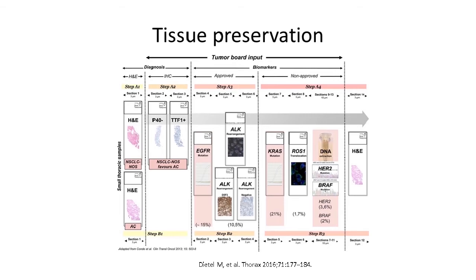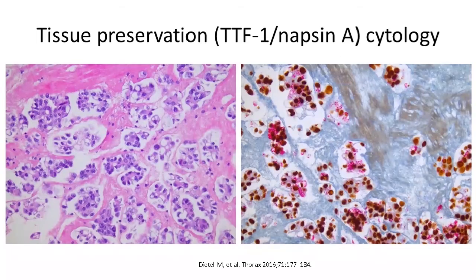So the tissue preservation protocol prescribes that you try to do as little as possible prior to doing all this predictive testing, and that would also include the use of immunohistochemical markers which you need to identify the different subtypes of small cell carcinoma that we know in clinical practice, so the squamous cell carcinoma versus the non-squamous mainly.